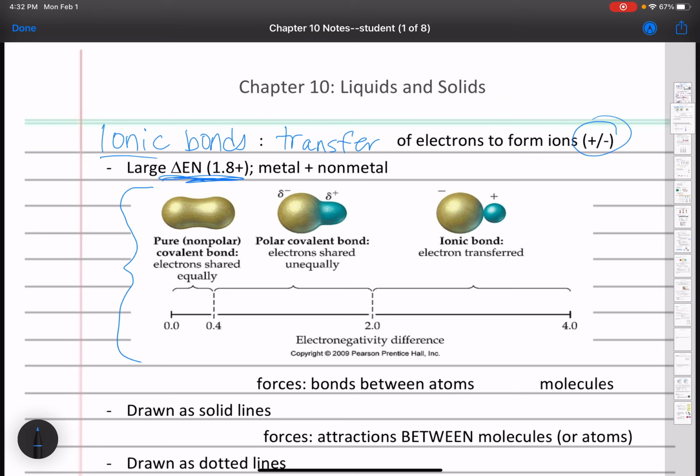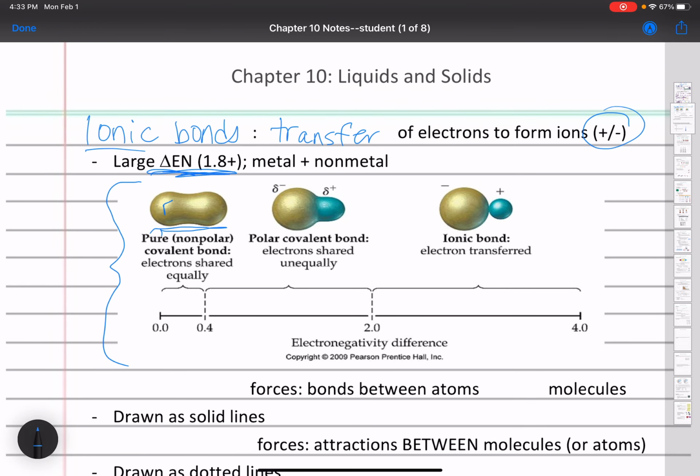So if we look at this spectrum here, a nonpolar covalent bond, or sometimes called a pure covalent bond, like two atoms maybe of the same thing. So let's say two atoms of fluorine. Okay, they're both hogs, but they equally hog electrons. So the electrons are shared.